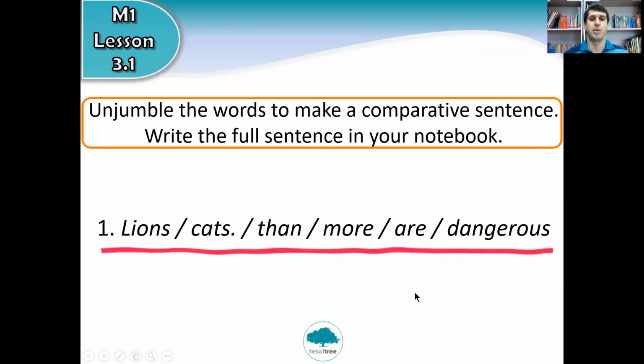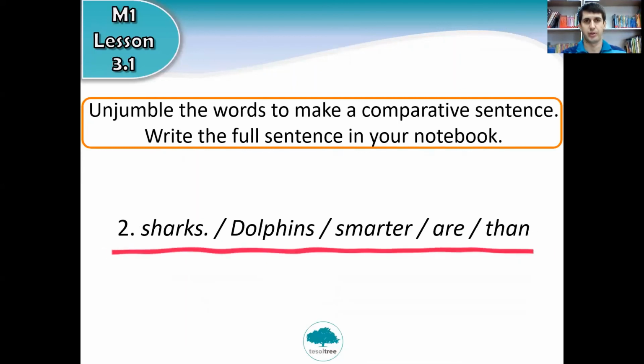Remember, look out for the capital letter, the full stop, which is the comparative. If you need time to write, you can pause the video. Number 2, same again. Unjumble the words and write a sentence in your notebook.